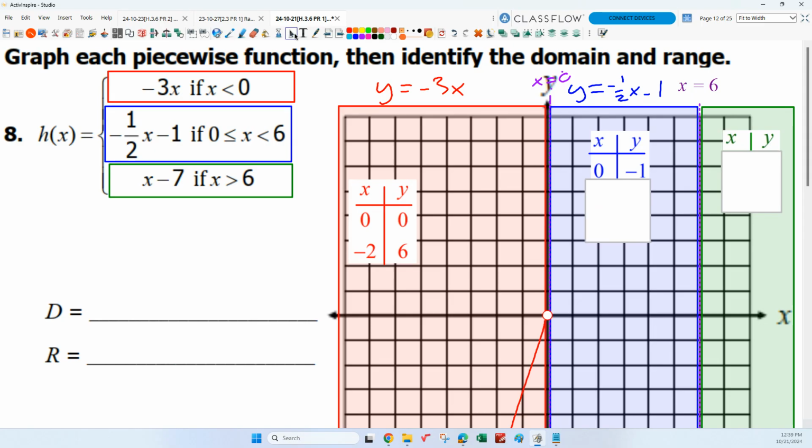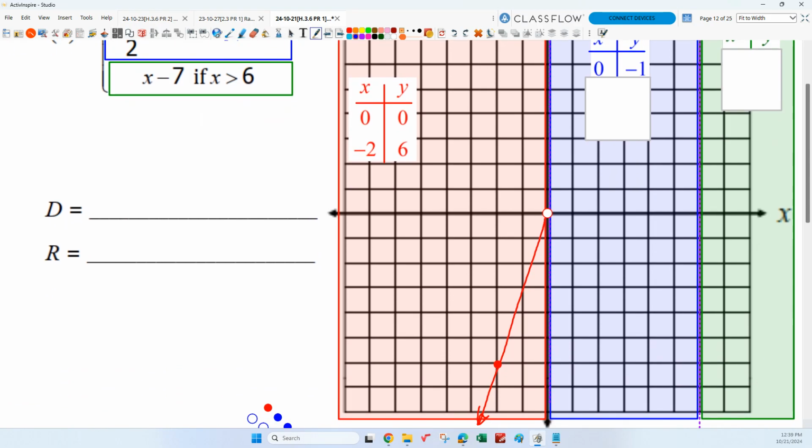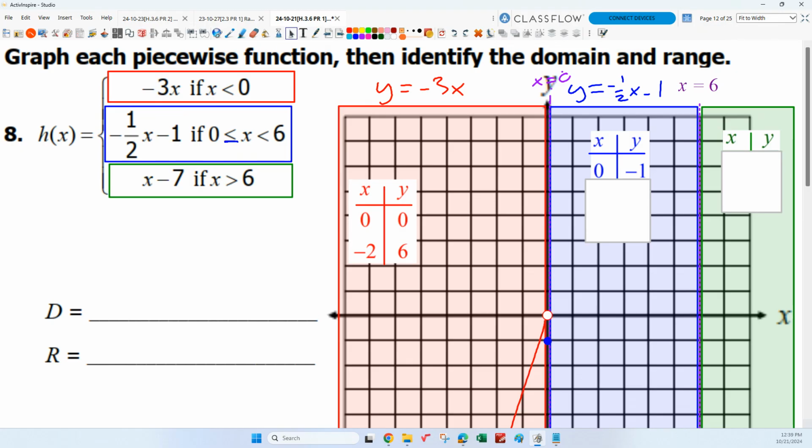Open or closed endpoint at 0? Closed, because of that, right? Gives us a closed endpoint at 0, -1.